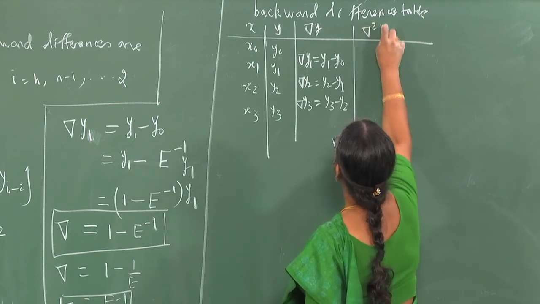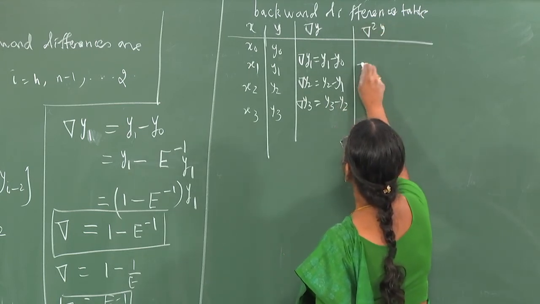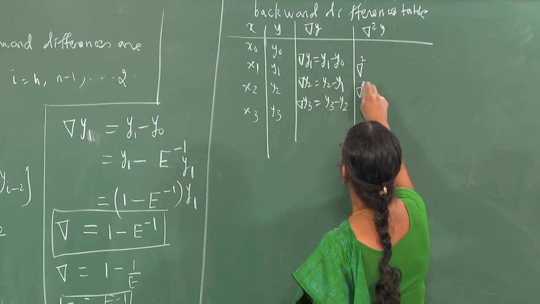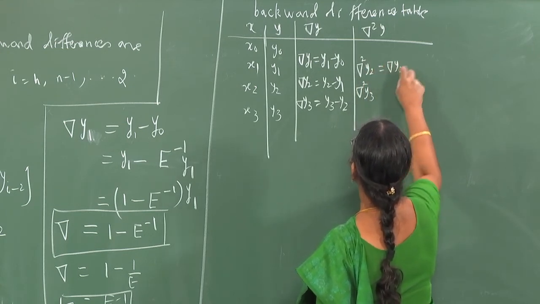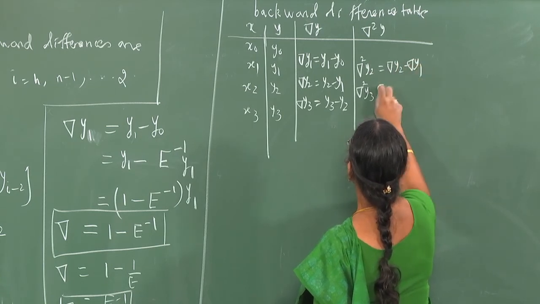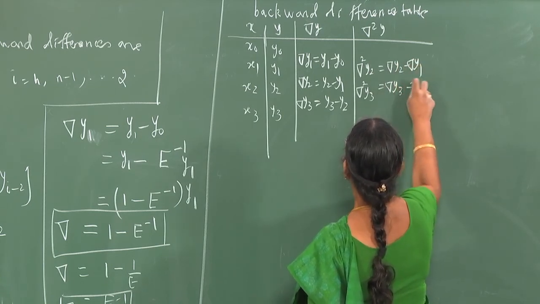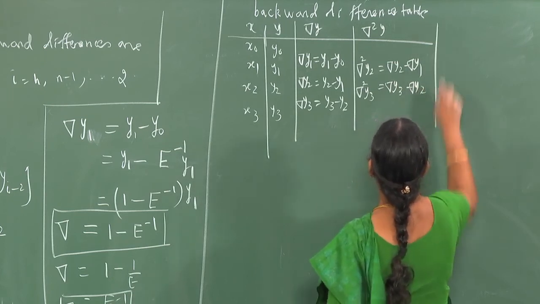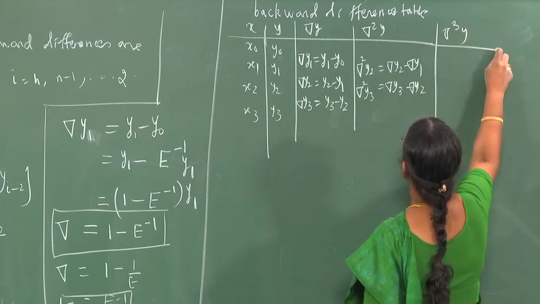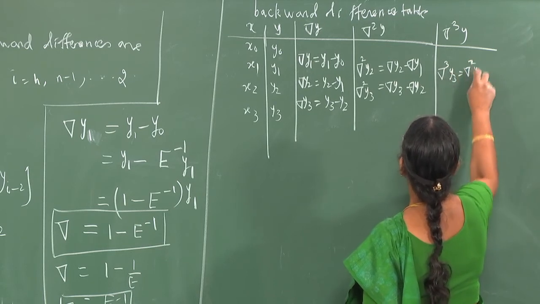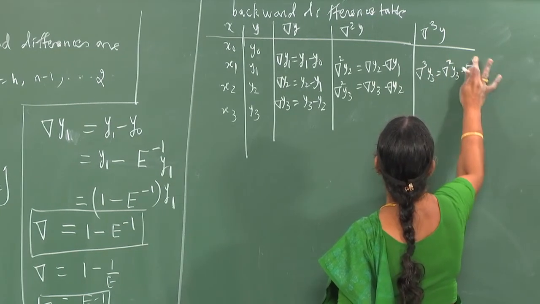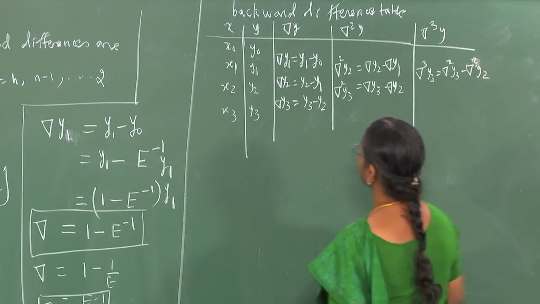I form the second order differences. So, it is del square y3, del square y2, which is delta y2 minus delta y1, and this is delta y3 minus delta y2, and the third order difference will be del cubed y3, which is del square y3 minus del square y2.